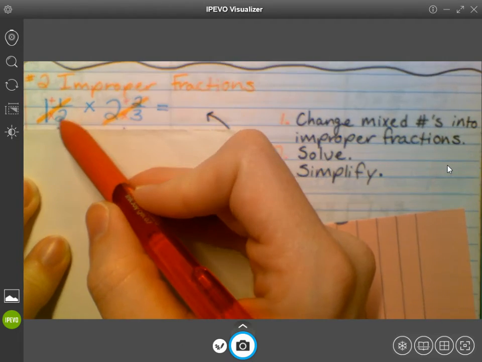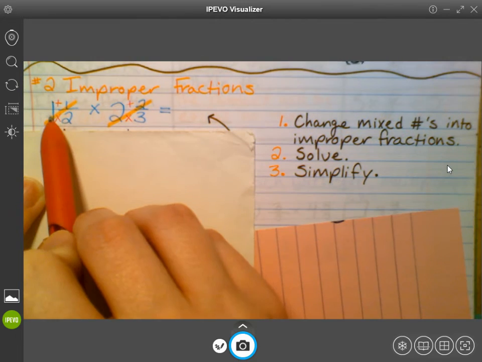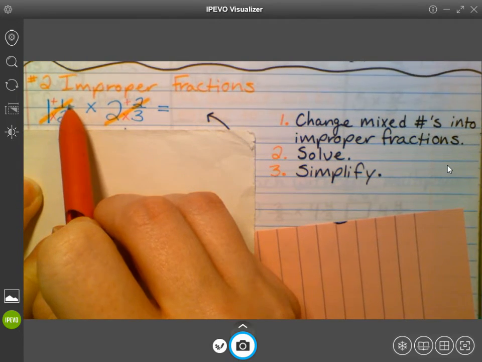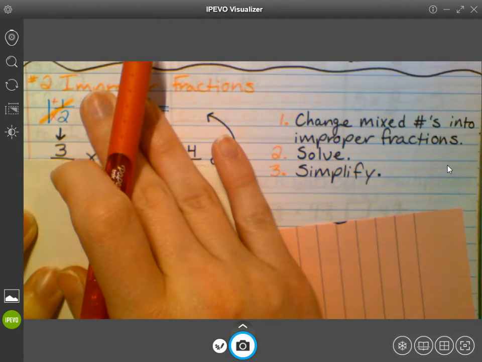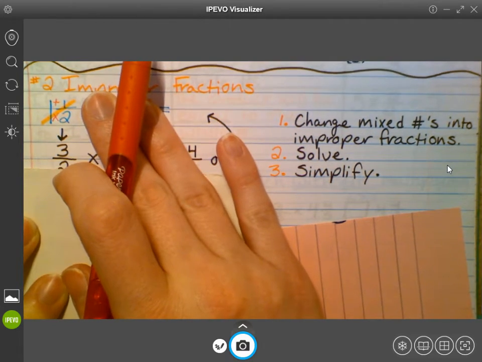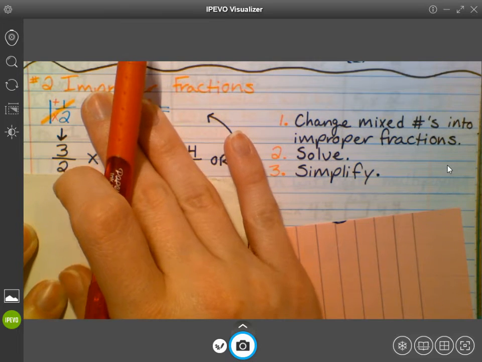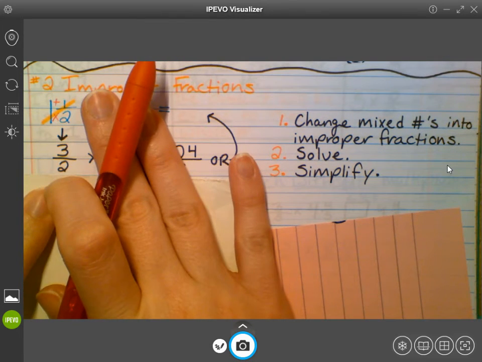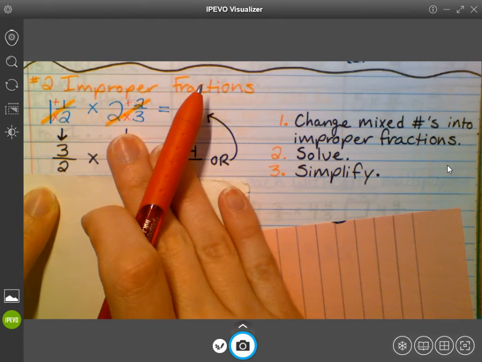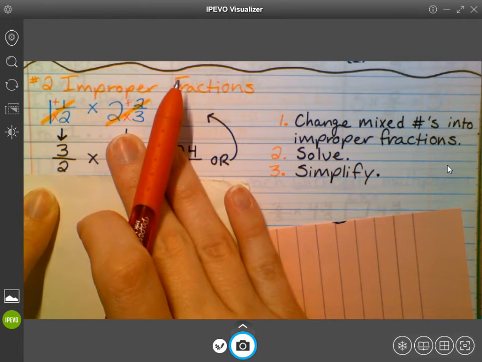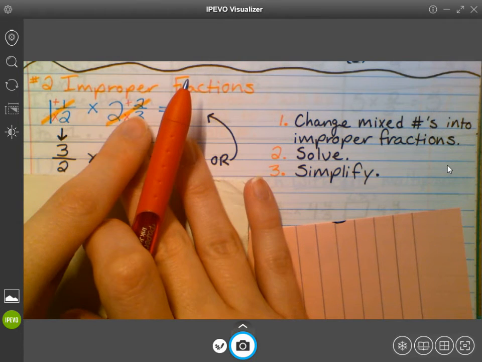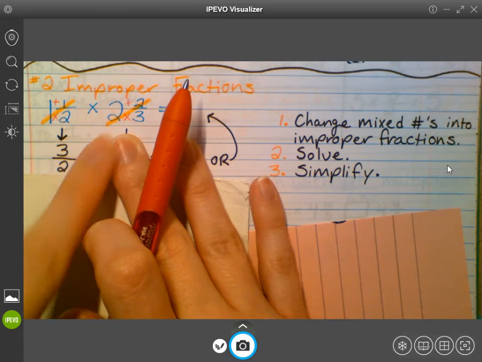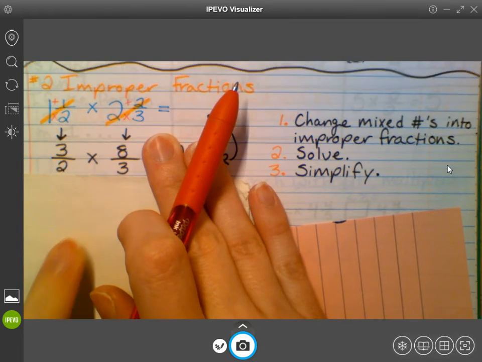So what's 2 times 1? 1 plus 1 is 2. So 1 1/2 would turn into, wait, 2 times 1 is 2, plus 1 is 3. Yep, that would turn into 3/2. Then for 2 2/3, 3 times 2 is what? 6, plus 2 is 8, so that would turn into 8/3.